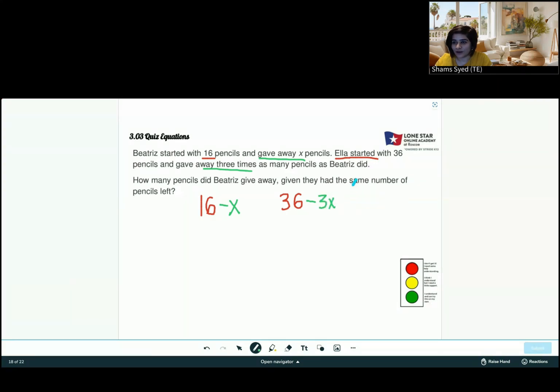We want to find how many pencils Beatrice gave away. Given that they had the same pencils left, we can put an equal sign and solve just the way we were solving. Notice they've not switched the numbers a lot and they've made the question really easy for us. Move the smaller one over by adding 3x to each side.